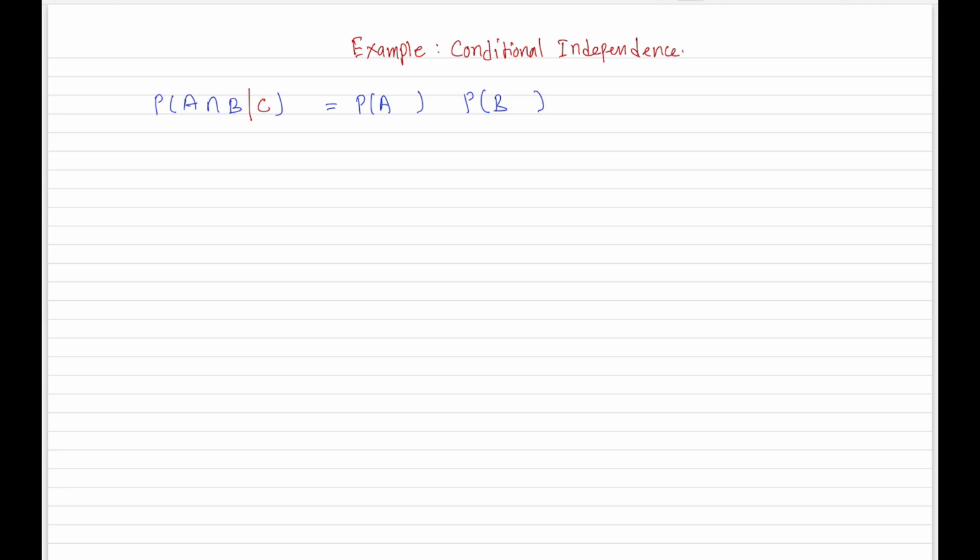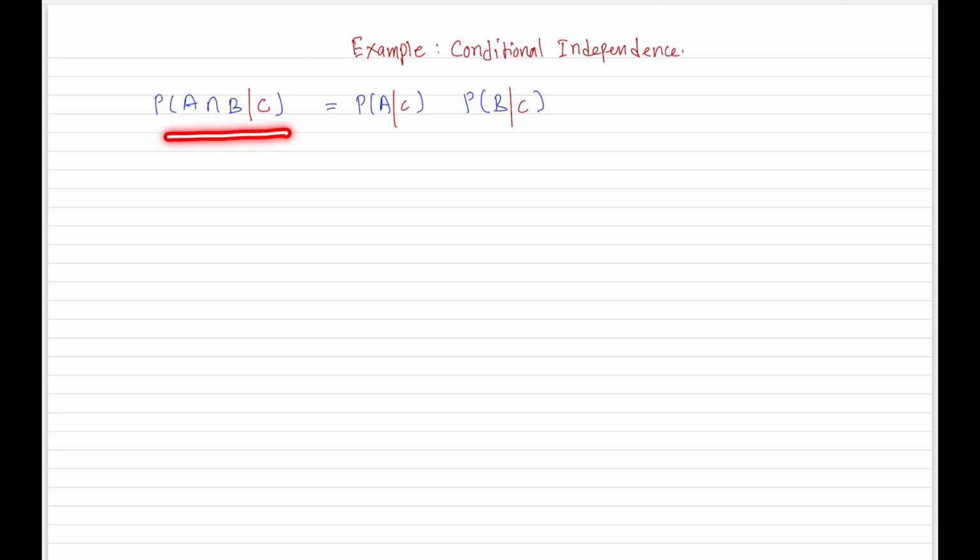In that case, again we will have to check the probability of event A under the condition C and the probability of event B under the condition C, and if the product of these two conditional probabilities is equal to this probability, then we can say that events A and B, given event C, will be independent. We have already talked about this in a very detailed manner.